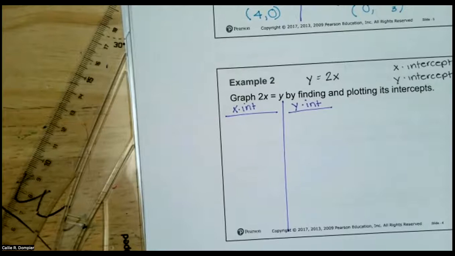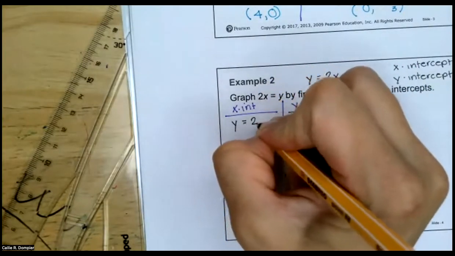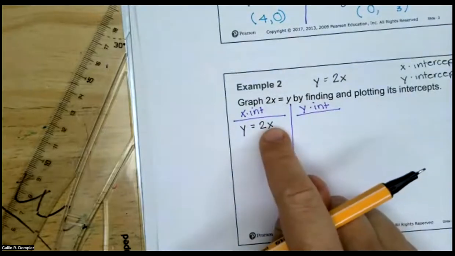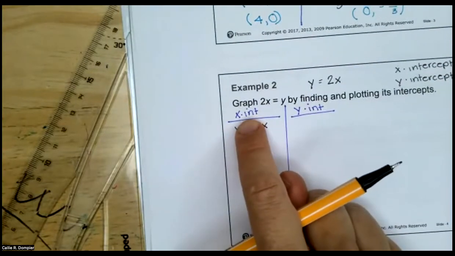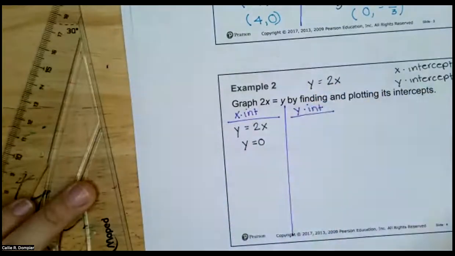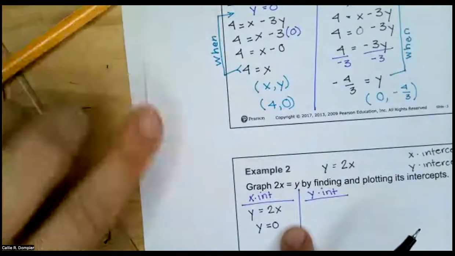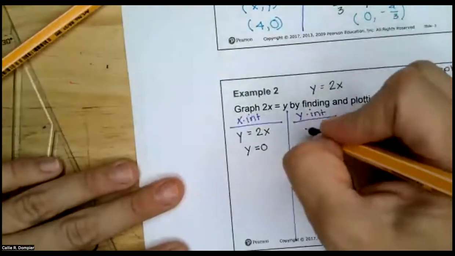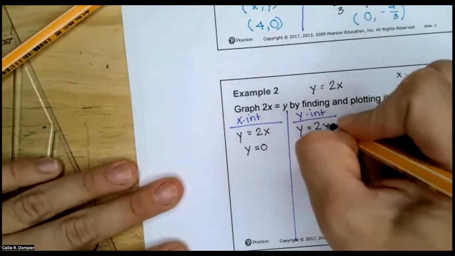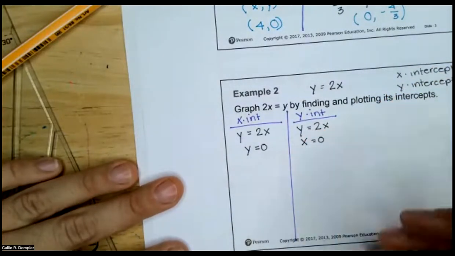So our graph was y equals 2x. I wrote it in this column, so I have to say y equals 0, because I wrote it in the x-intercept column. If it's in the x-intercept column, y has to be 0. But you can start over here. Y equals 2x, x is 0. That seems easier, right? Because 2 times 0 is 0.